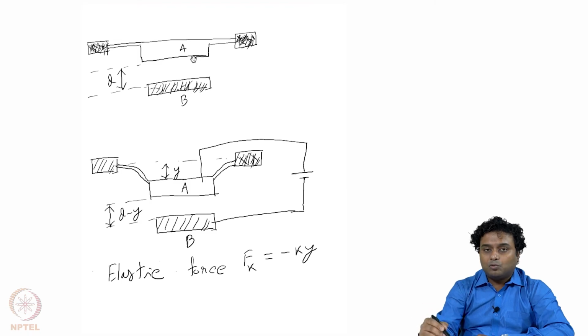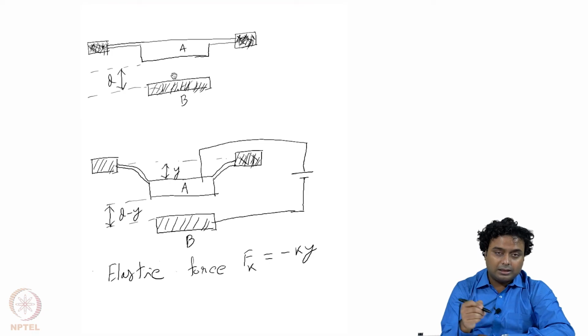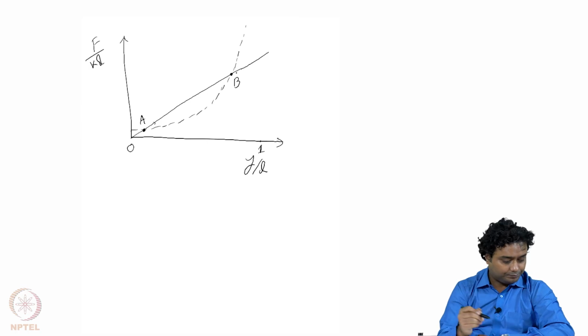So it increases more and more, and while it is very close, the D becomes 0. So theoretically the electric force becomes almost infinite, right. So the mechanical force will not be able to pull it back, right.